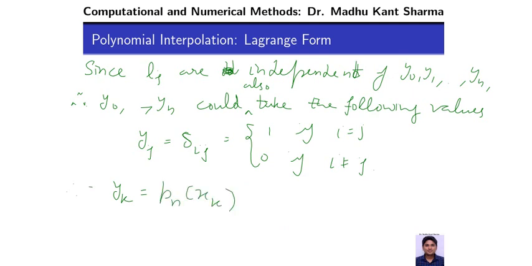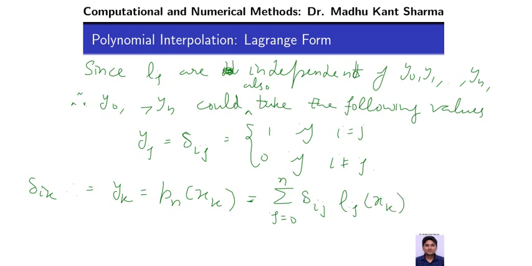So yk is delta ik, that is equal to Pn of xk, and that is equal to the summation j equals 0 to n of yj, which is delta ij, times Lj of xk, if you recall from the previous slide.